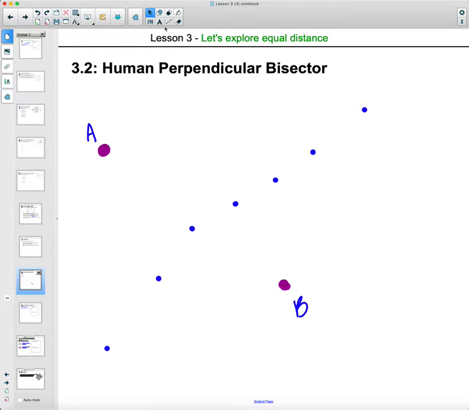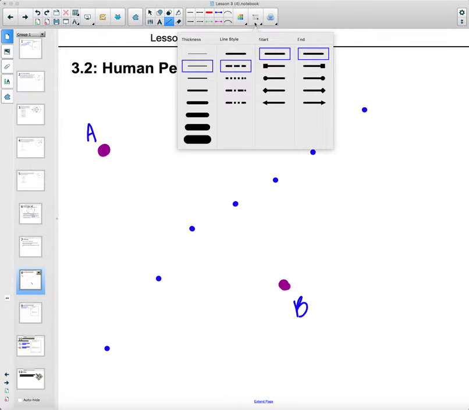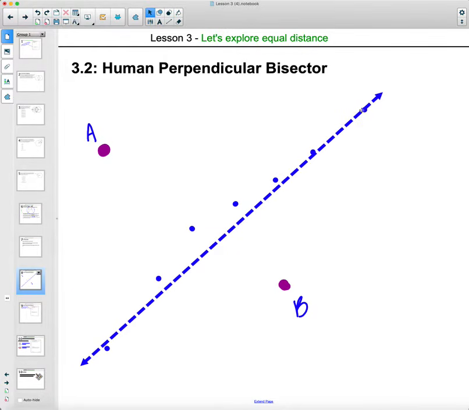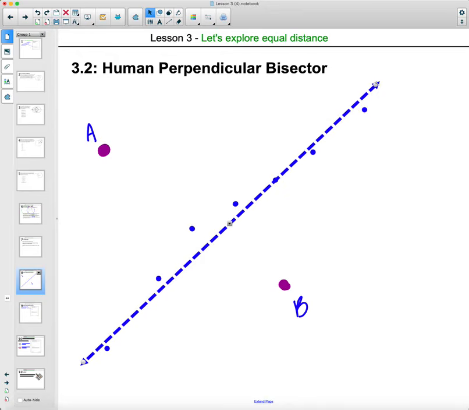And what we were starting to notice is that these points look like they're all in a line. So that's called a conjecture. We decided, man, it really looks like all of these points are in a straight line. And again, we're just kind of guessing where they are, but that's what we noticed.